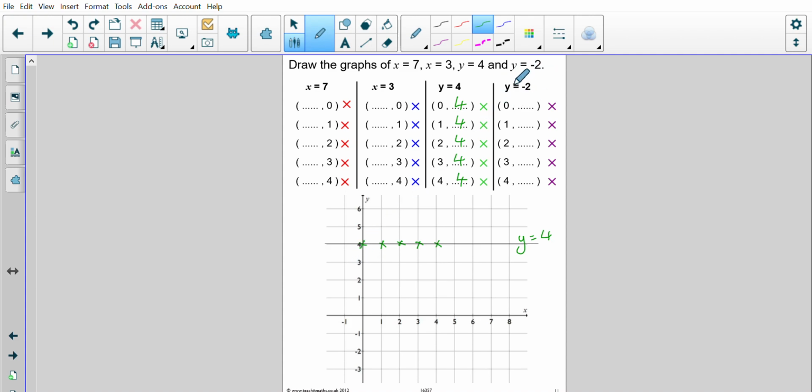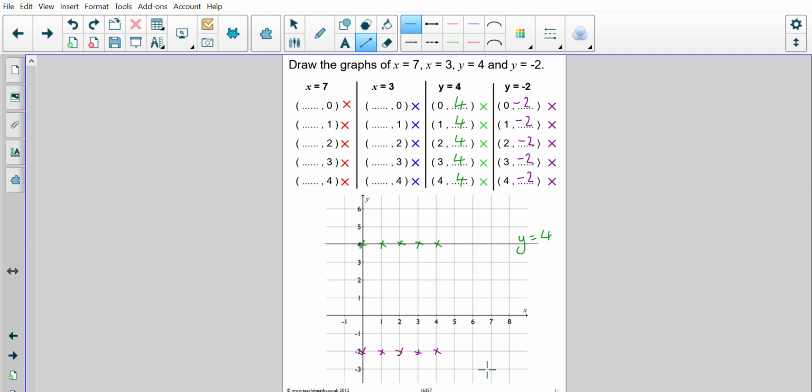If we're going to plot the line y equals minus 2, why don't you just have a think, see if you can imagine or predict where that line's going to go. All the y coordinates need to be minus 2, so let's put those in, and then let's plot them. 0, minus 2; 1, minus 2; 2, minus 2; 3, minus 2; 4, minus 2.